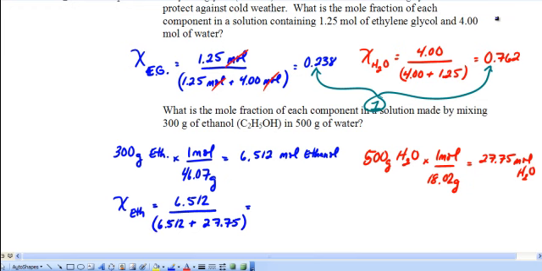And if we could do that calculation very quickly here, it looks like I'm getting for a mole fraction 0.19.